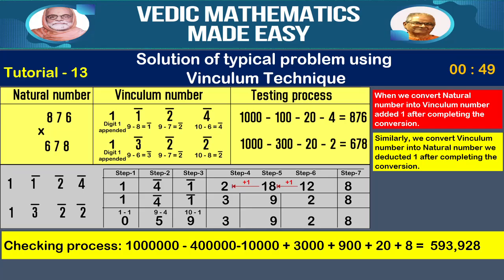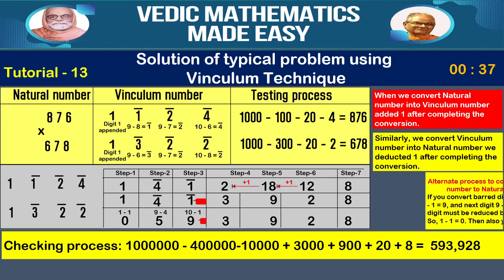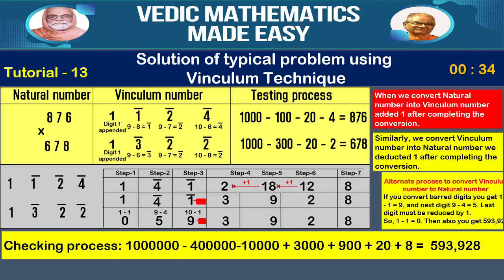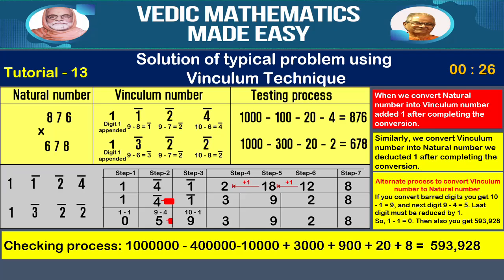So, using the alternate method, when we trace from right to left, the first vinculum number we get is bar 1. Converting it, we get 10 minus 1 is equal to 9. Next digit we get is bar 4, and converting it, 9 minus 4 is equal to 5.